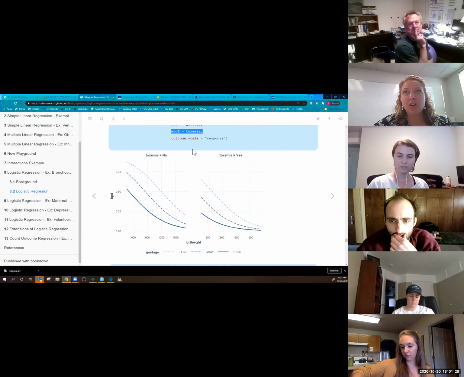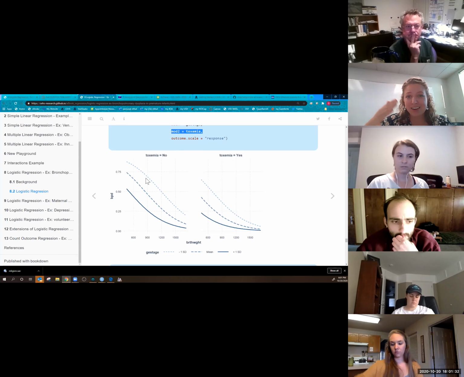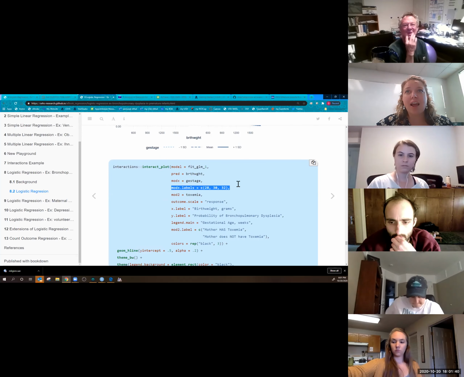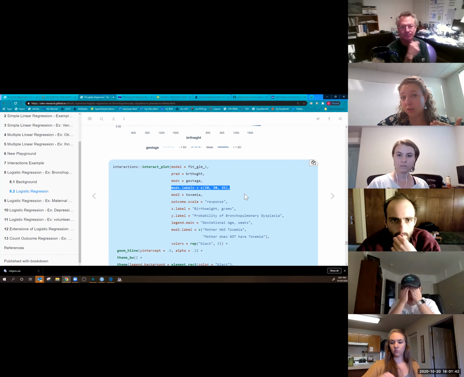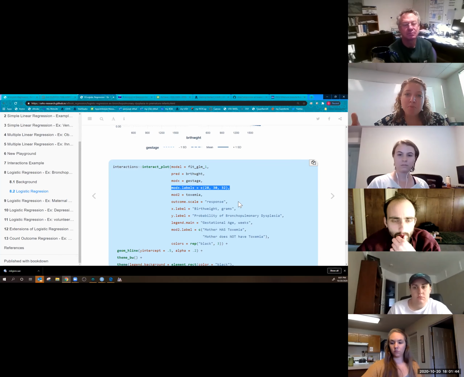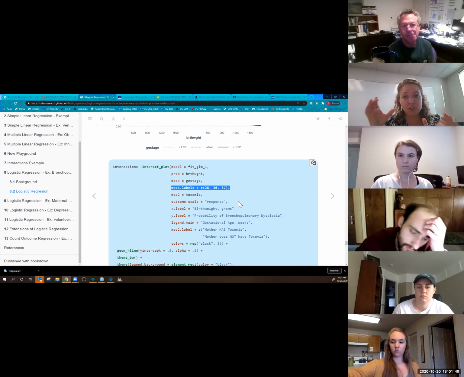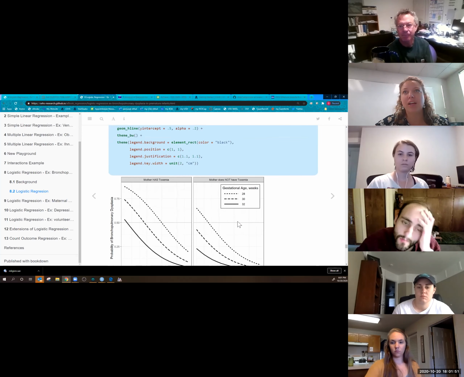If you don't say otherwise, for a continuous variable, how does it make different lines? By default, it will choose the mean plus or minus 1 standard error. But if you're interested, you can tell it which values to plot for. Like, I know most of the babies are born in the late 20s or the early 30 weeks, so I want to choose those specifically to display.